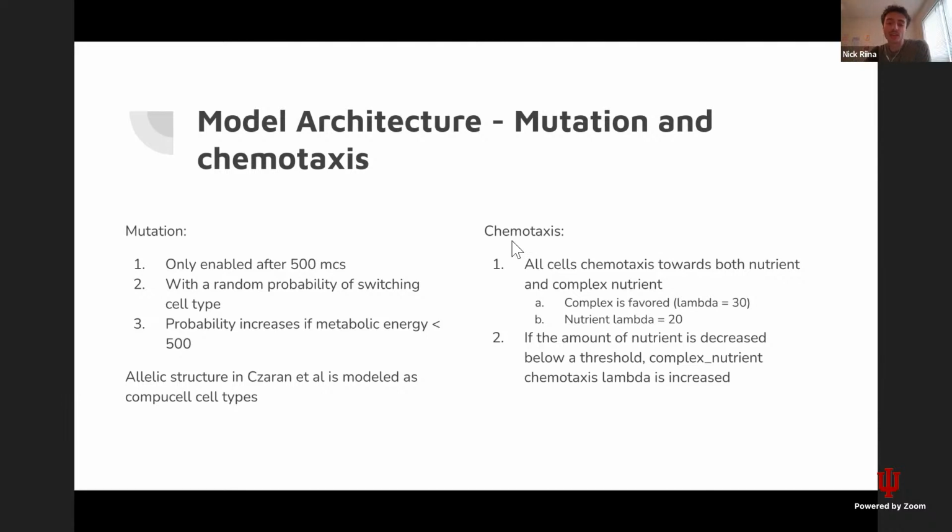And then chemotaxis: all cells chemotax towards both the nutrient and the complex nutrient, but if complex nutrient uptake was high, it was favored. So if quorum sensing was turned on, we wanted this complex nutrient, but that also meant that the amount of nutrient was likely low.